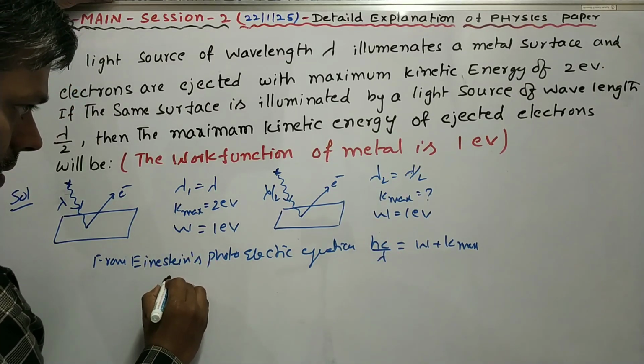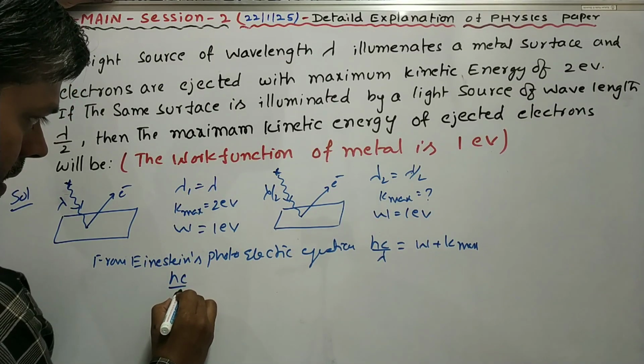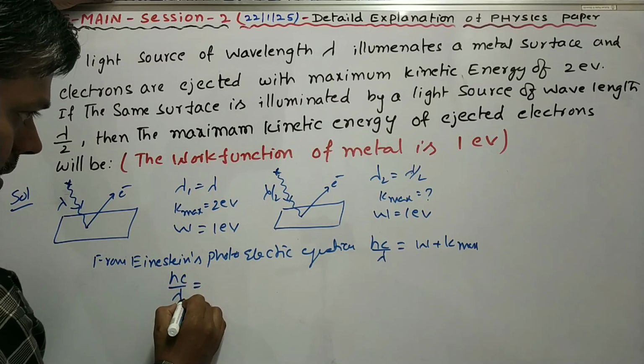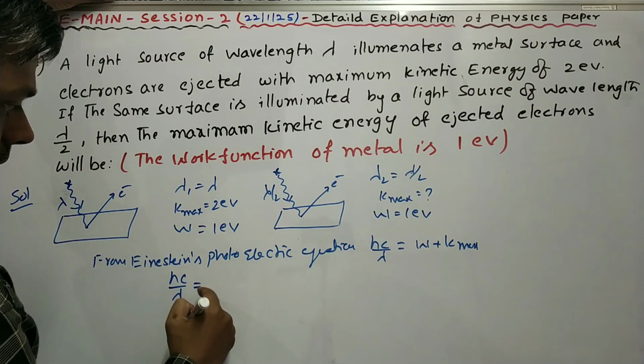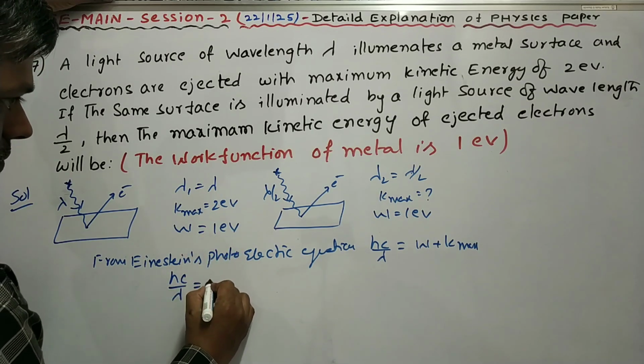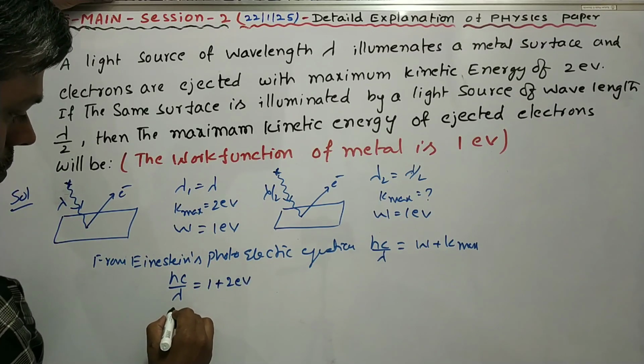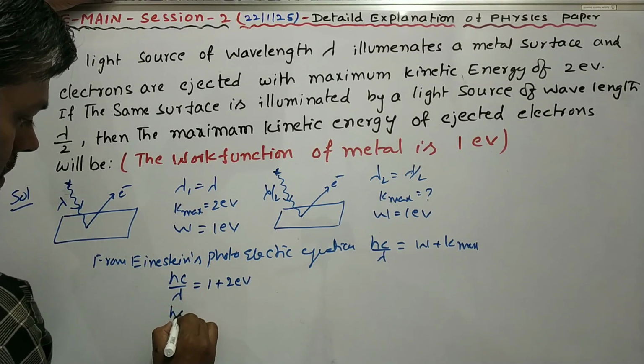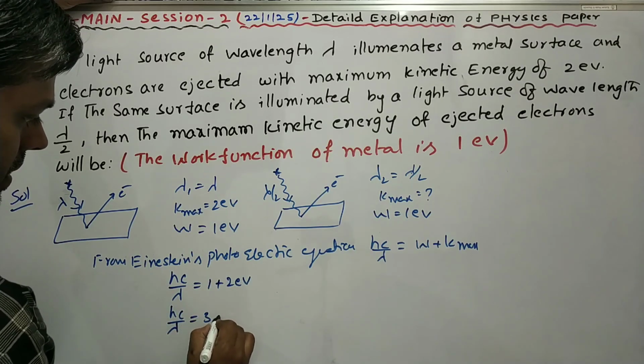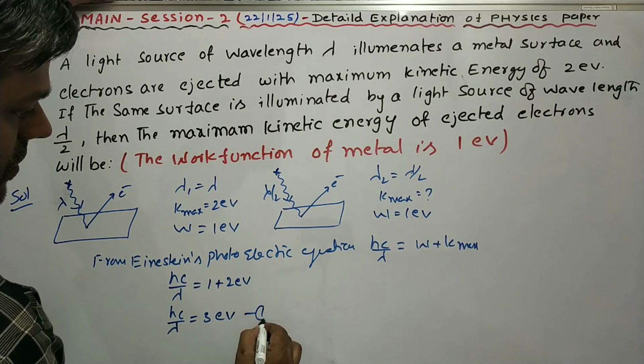In this case, hc by lambda 1 is equal to work function 1 plus Kmax 2 electron volt. So you get hc by lambda is equal to 3 electron volt. This is equation 1.